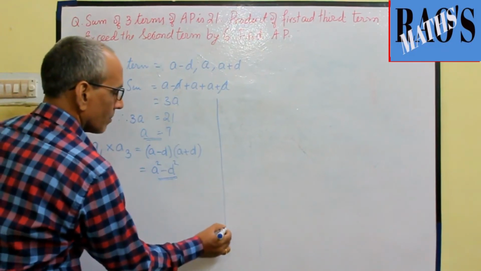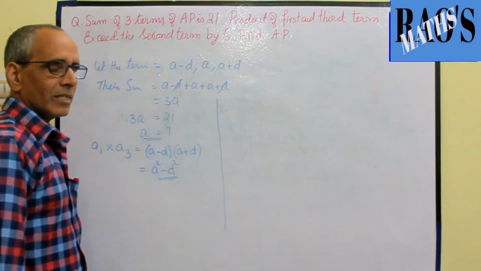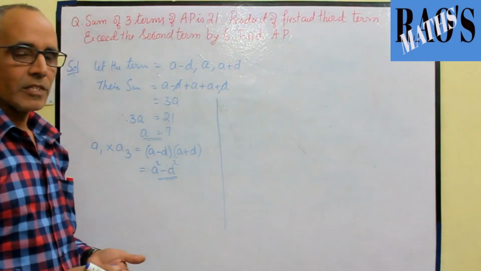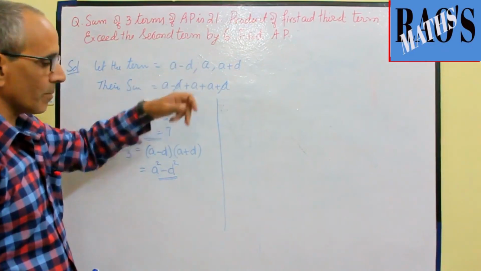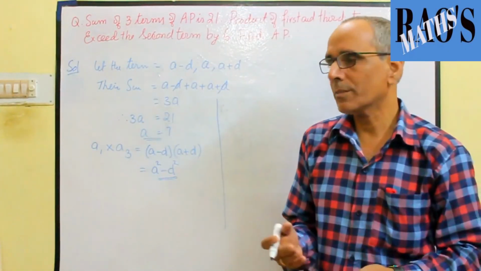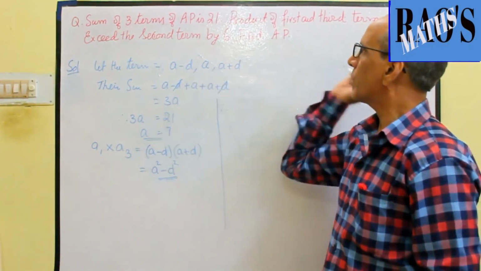Therefore, by the question, we can say the difference of the product and the second term is 6. But which is greater, the product or the second term? Students often confuse here. Which term should be copied first, the product or the second term? Read the question.